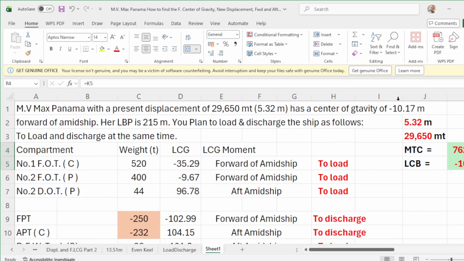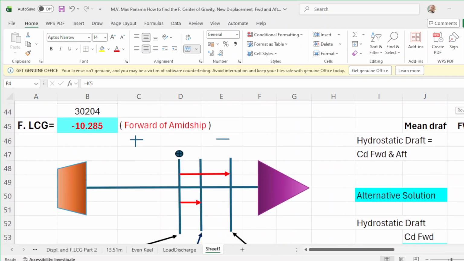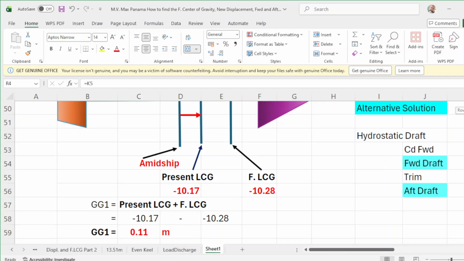Okay, guys, to give you an idea, the final LCG is ahead of your present LCG. So from the present LCG, it is moving forward to 10.28.